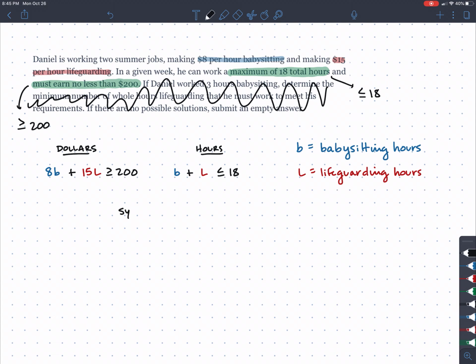And so my system becomes B plus L is less than or equal to 18, and 8B plus 15L is greater than or equal to 200.